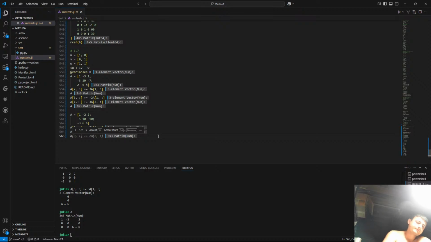So, if h is equal to -6, then x2 and x3 are free, because this is not going to change, right? Just counting the number of pivots.